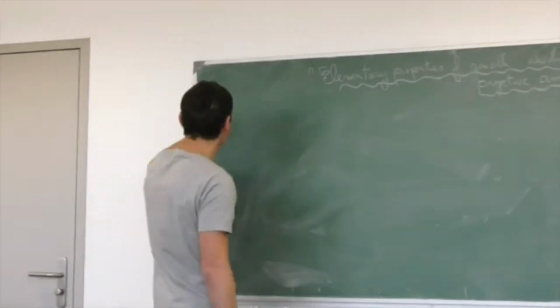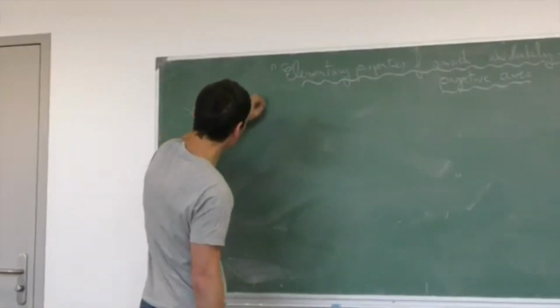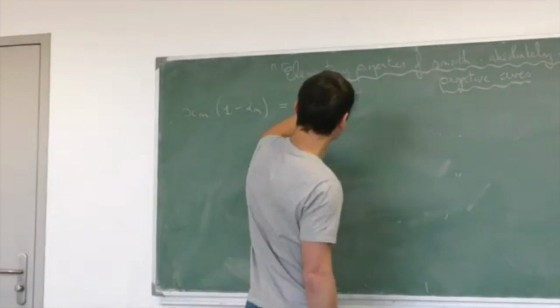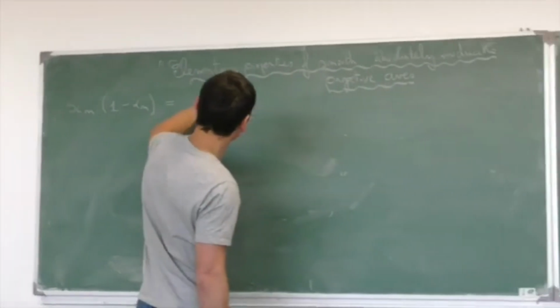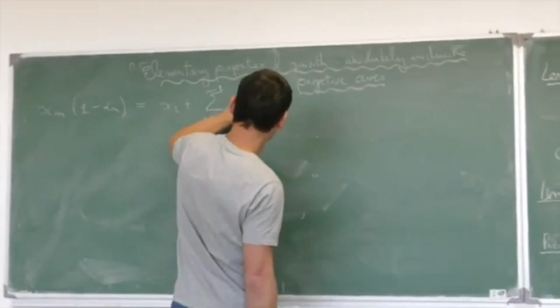You can write xn times (1 minus alpha n) equal to x1 plus a sum from i equals 2 to n minus 1 of alpha i xi.